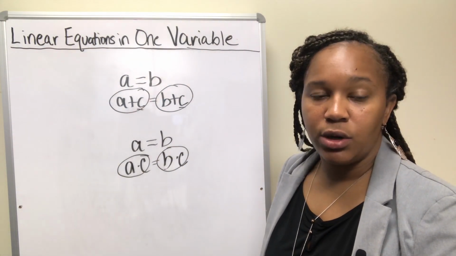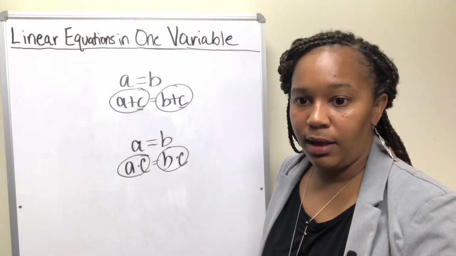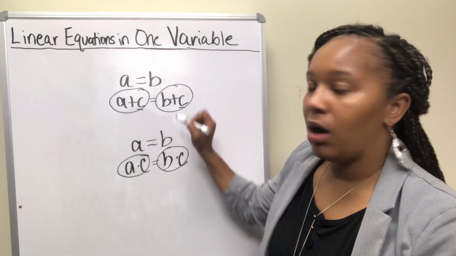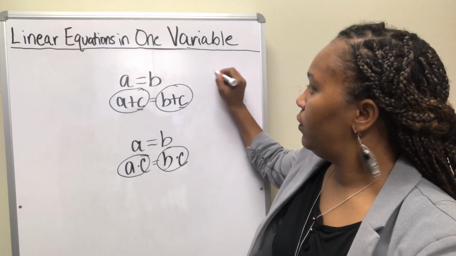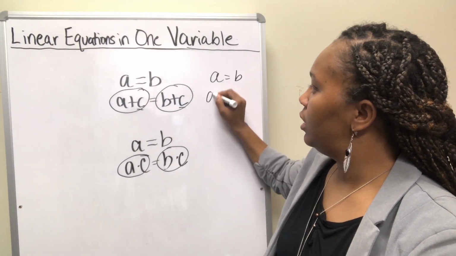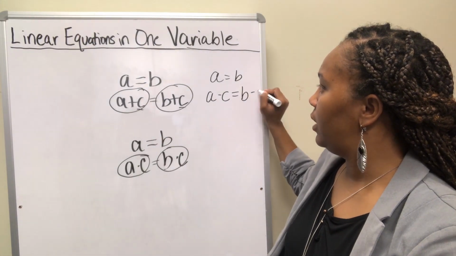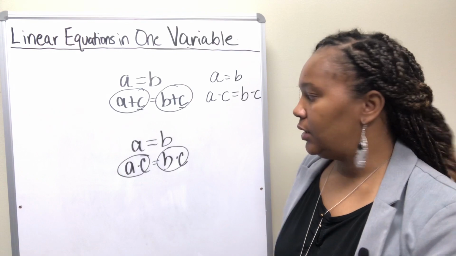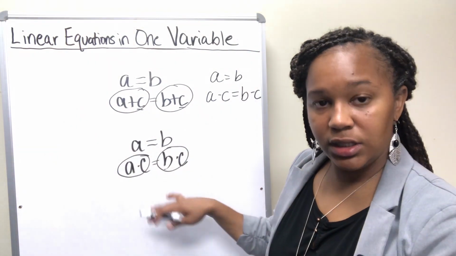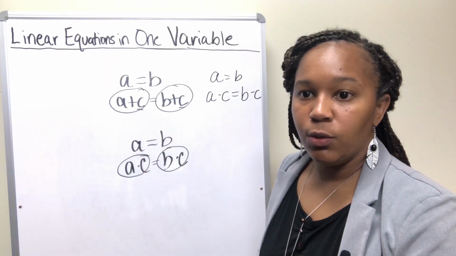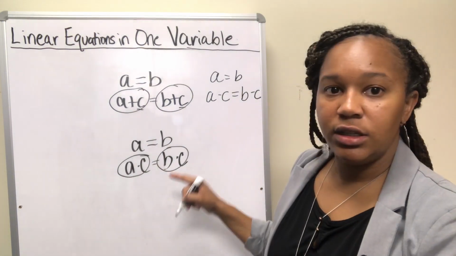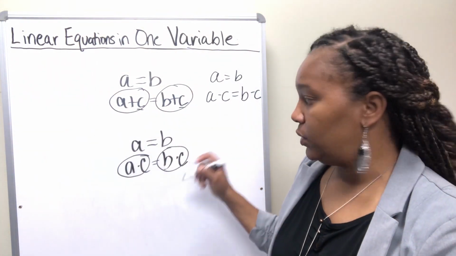Since subtraction is essentially adding a negative number, this principle also applies with subtraction. So if you have A equal B, then you can subtract C from both sides, and A minus C is equal to B minus C. And since division is essentially multiplication by a reciprocal, division also applies to this principle.